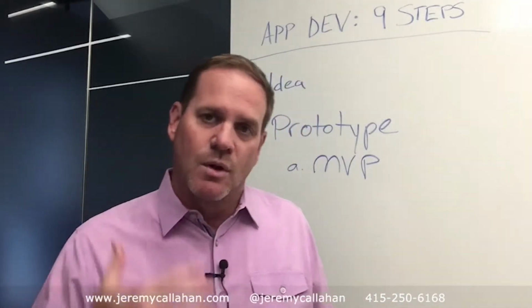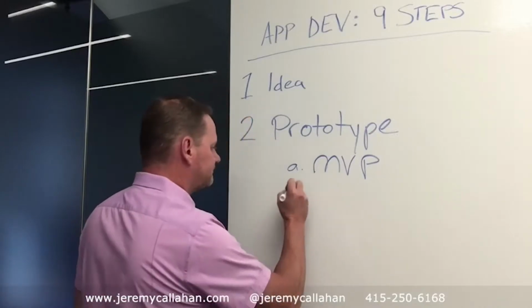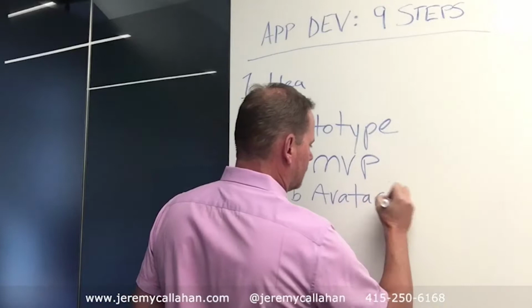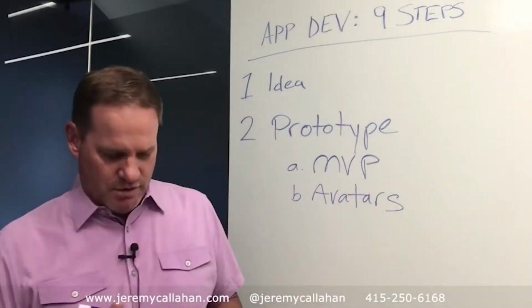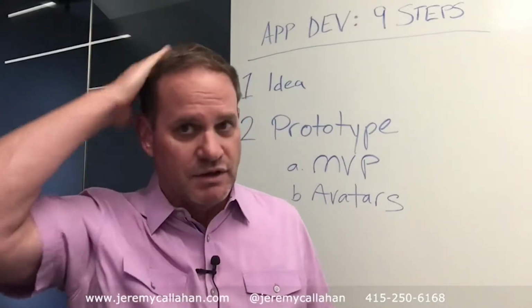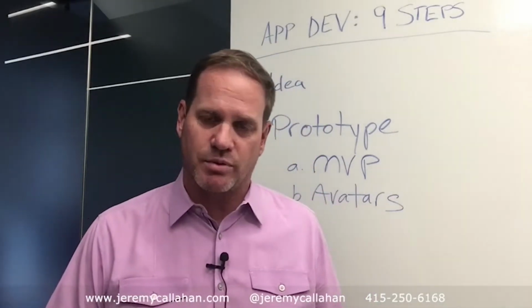Okay, and so ultimately, the next thing we're going to do is we need what we call avatars. Customer avatars, as they're known. So what we want to do is define our ideal customer, the ideal person that's going to use our product.